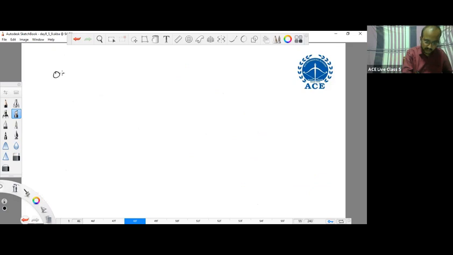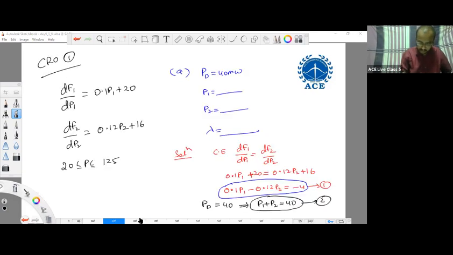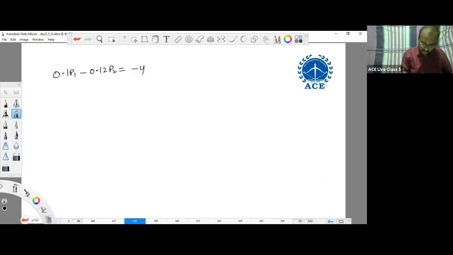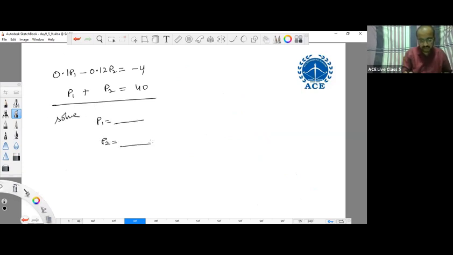So we have 0.1 P1 minus 0.12 P2 is equal to minus 4, and P1 plus P2 is equal to 40. Solve these two, you will get the values of P1 and P2 in megawatt.